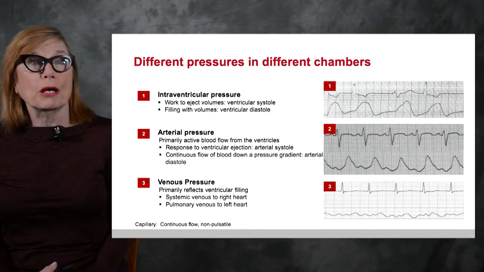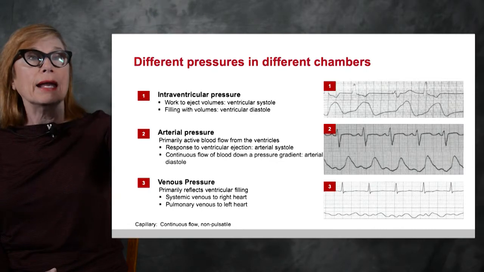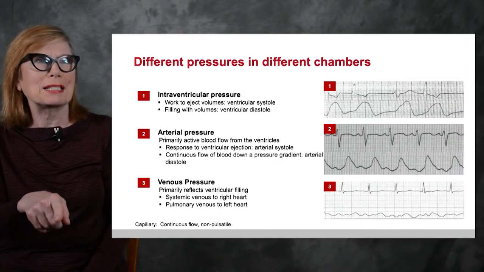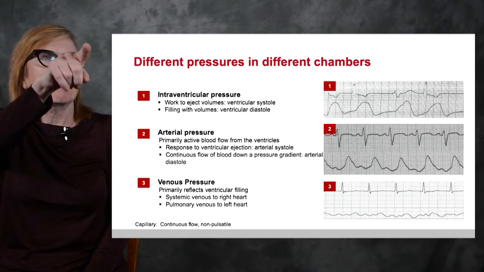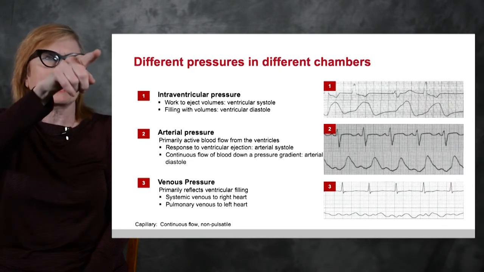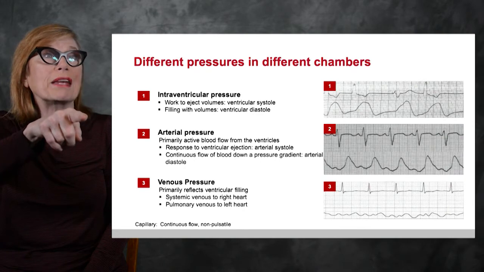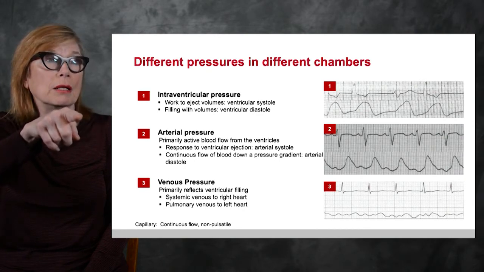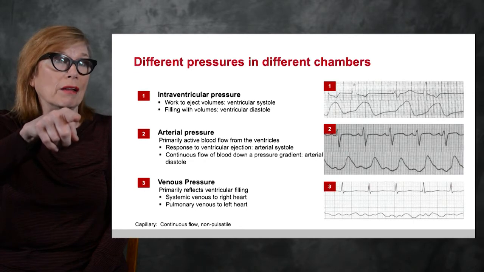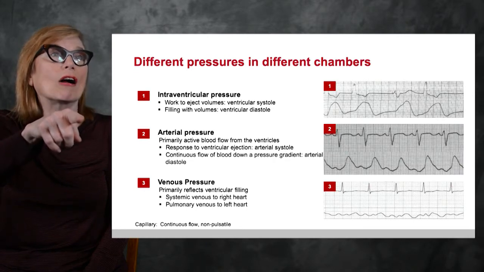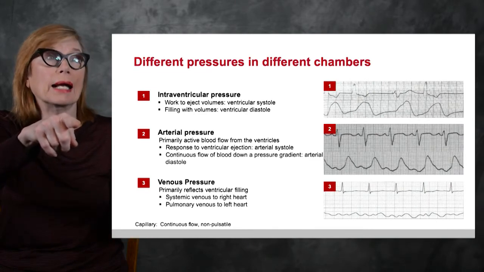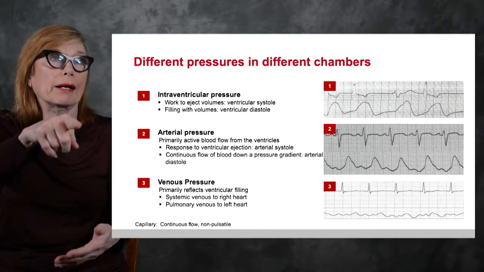So arterial pressure has a peak and a fall, and in between the peak and the fall will be the closure of the valve separating the ventricle from the artery. That means the pulmonic valve on the right, and the aortic valve on the left. Pulmonic on the right, aortic on the left.